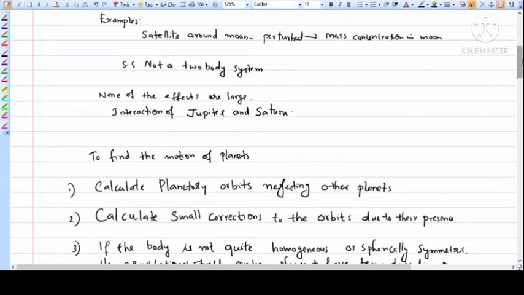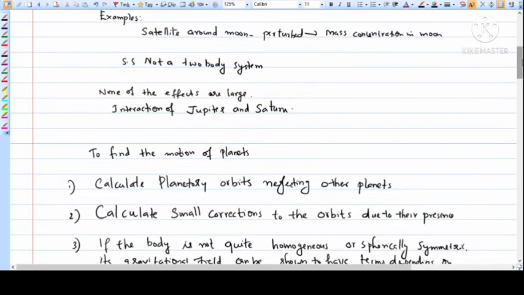This is a fortunate case, that the interaction between the other planets and the planet that we are considering is not very large, because the large mass is concentrated in the sun. So these other interactions are quite feeble, very much less, or can be neglected.